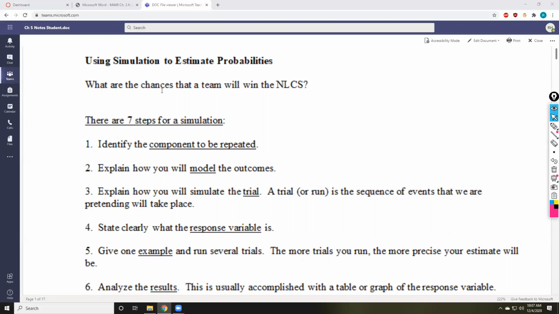The analogy I used yesterday is that for those of you who may play D&D or are familiar with that, you do simulations all the time in D&D. You roll dice, and getting above a certain number corresponds to succeeding at the event.